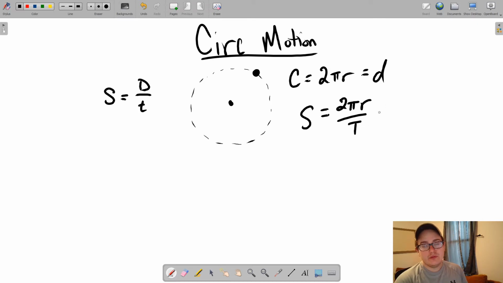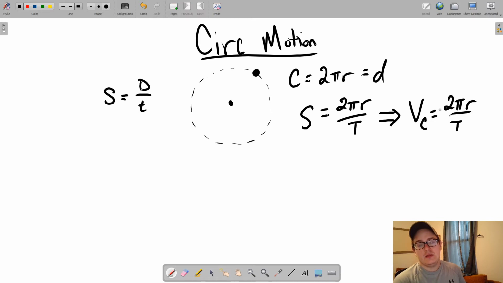But in the physics world, we denote this as centripetal velocity, or v sub c, being 2 pi r over t. Now, this is not a formula that's given to you on your reference sheet, so it's just kind of expected for you to understand the basics of speed and velocity and being able to denote what that looks like.